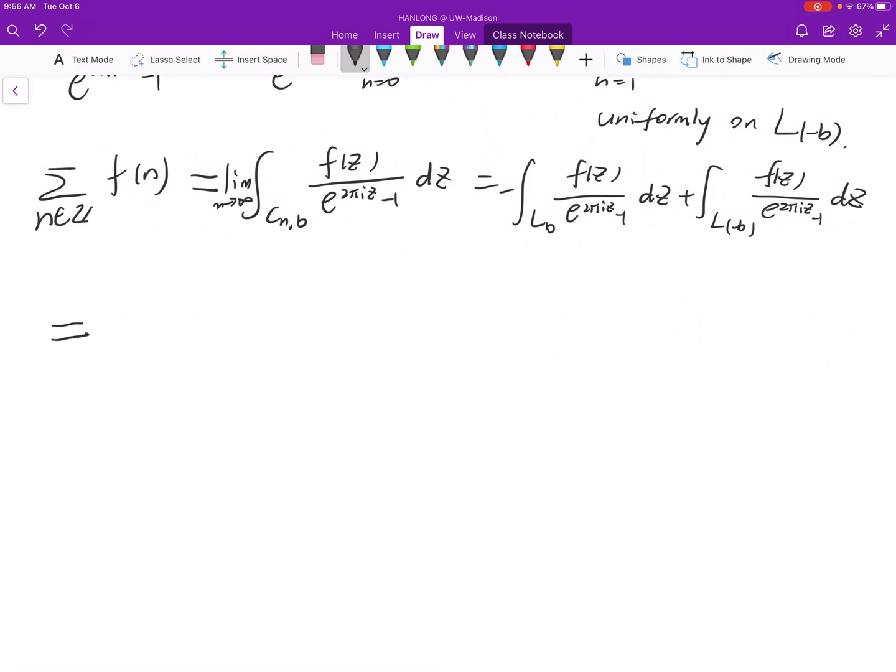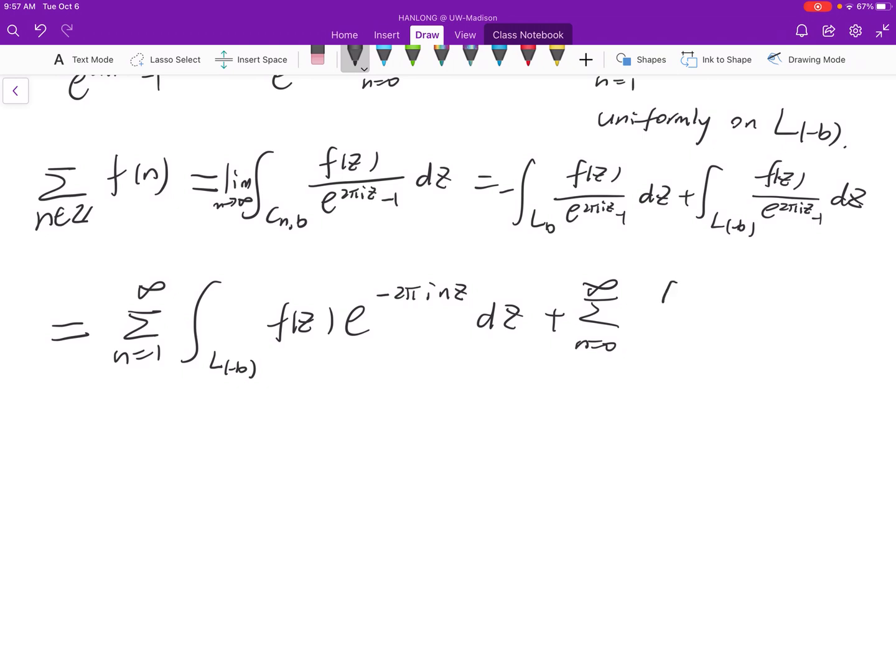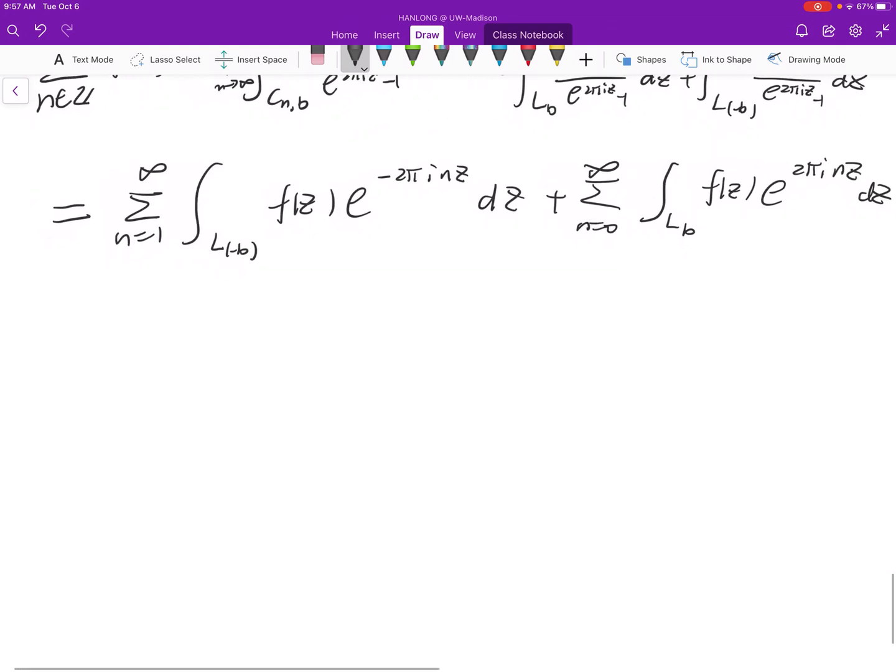You see this is a summation from n equals 1 to infinity. Because of the uniform convergence of the power series, you can change the order of summation and the integral. So this will be this plus the sum from n equals 0 to infinity of the integral along L_B of f(z) e^{2πinz} dz.